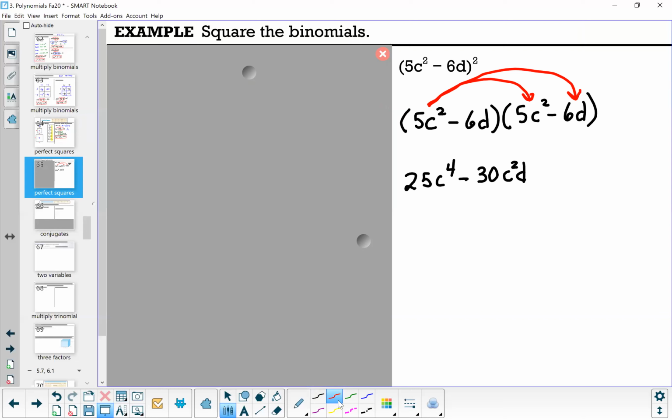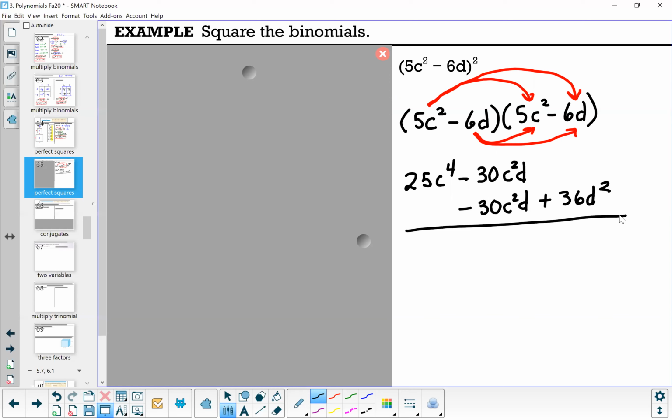Okay, let's get my arrows popping again. Minus 6d, I'm distributing to the 5c squared and to the minus 6d. So that's going to give me minus 30c squared d. You notice how we have that term repeated again. And then minus 6d times minus 6d gives us plus 36d squared.